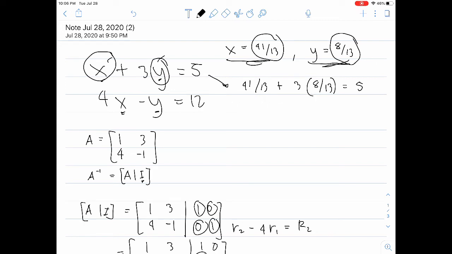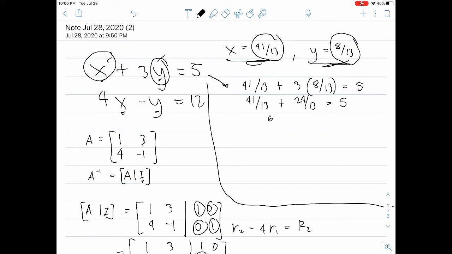So, 41 over 13 plus 3 times 8 is 24 over 13 is equal to 5. 41 over 13 plus 24 over 13 is 65 over 13 is equal to 5.